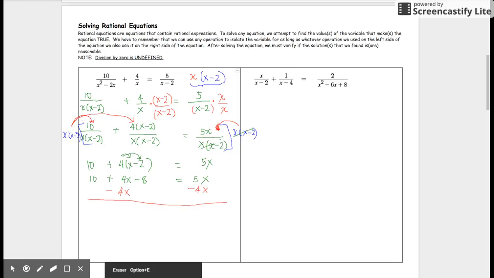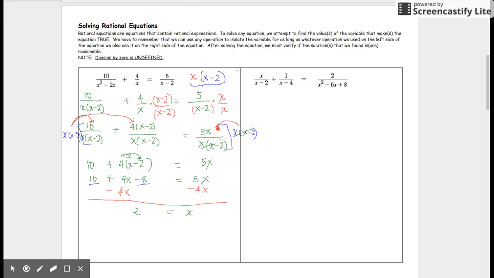And we're going to end up with 10 minus 8, which gives us 2, equals 5x minus 4x, which is equal to x. X is isolated, and therefore we are saying here that the value of x is 2.